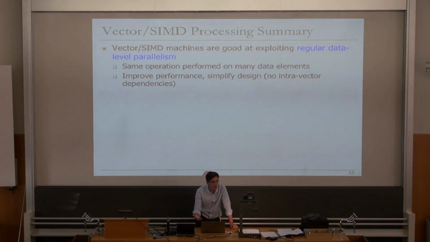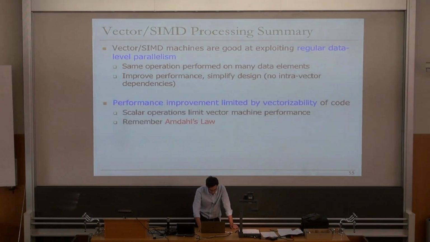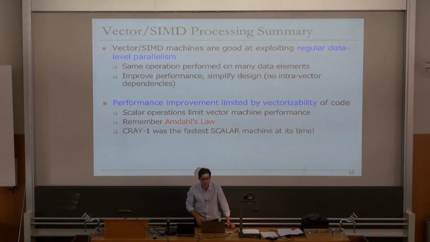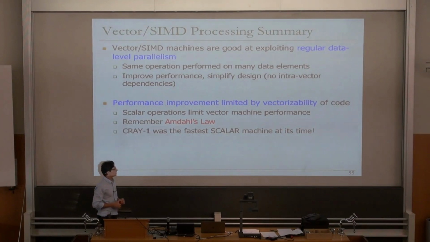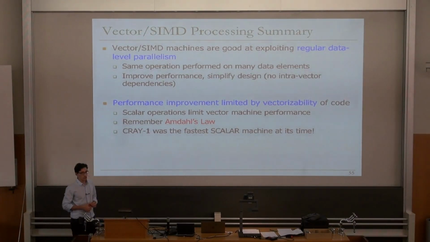We have seen that we can get very, very good performance improvement, but this is subject to the fact that we have regular data parallelism, and it's important to have this regular data parallelism, because this will ensure the vectorizability of our code. Recall the example of the CRAY 1. Even though the CRAY 1 was the fastest vector machine, it was also the fastest scalar machine, because the engineers were conscious about Amdahl's law.